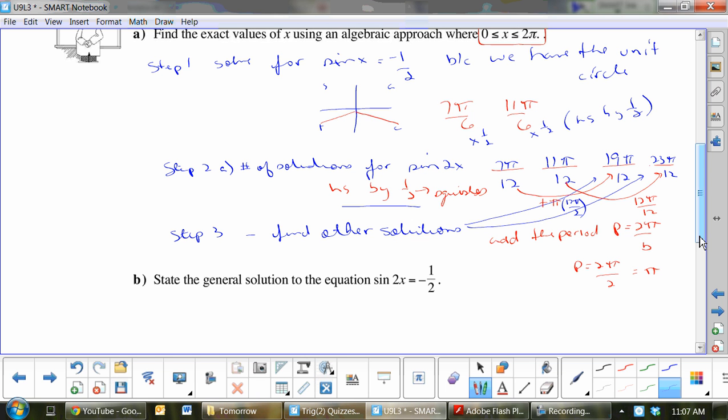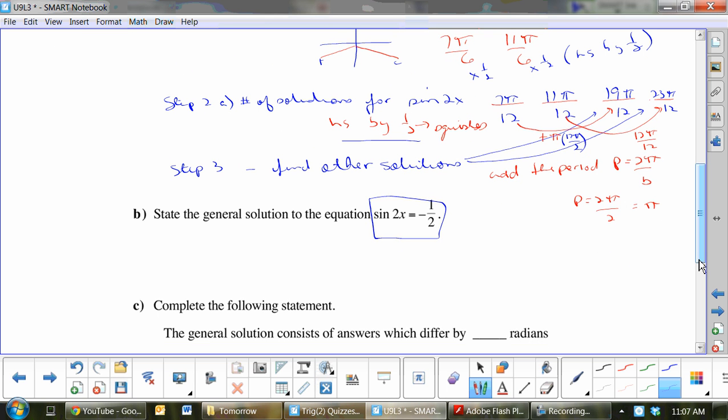Okay. What would the general equation be for sine 2x equals negative 1/2? Well, you guys, what would be the general equation?